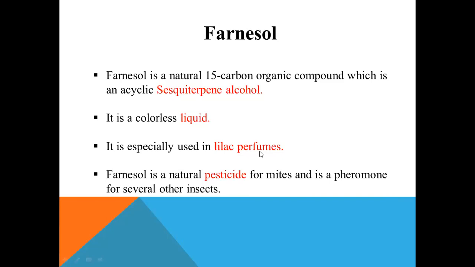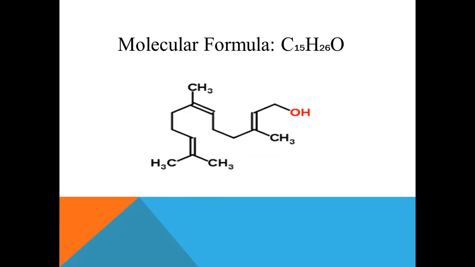And a very, very important thing is that farnesol is a natural pesticide. It is used as a pesticide for small organisms like mites and is a pheromone for several other insects. To kill insects on pests, that is the plants, it is used as a pesticide. The main purpose of farnesol is that it is used as a pesticide.